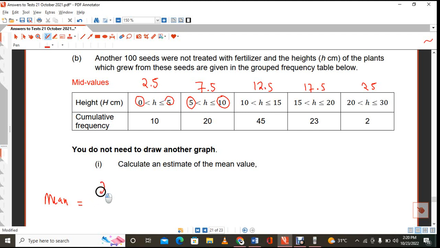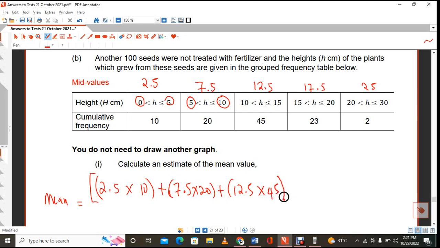You take that mid value of 2.5, multiply it by the frequency, and then you add. So I'm going to do it so I can find what that is. I'm going to take the second one, which is 7.5 times 20, plus the third one, which is 12.5 times 45, plus 17.5 times 23, and the last one there is 25 times 2.